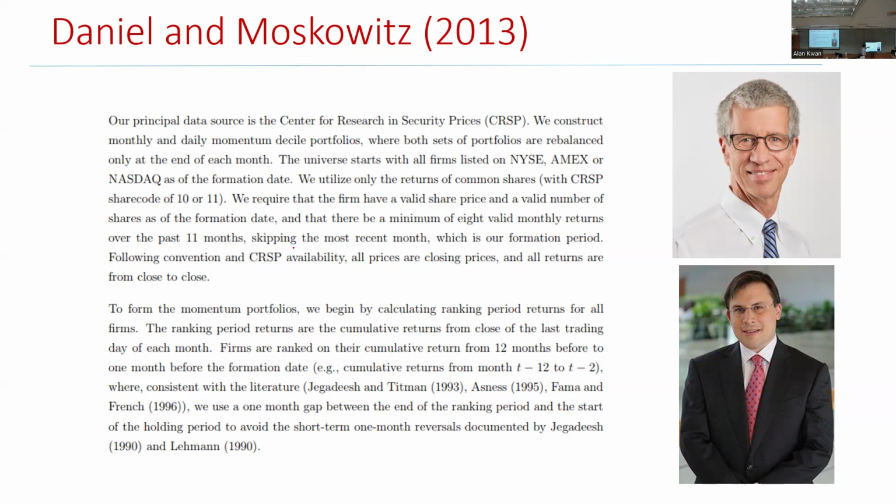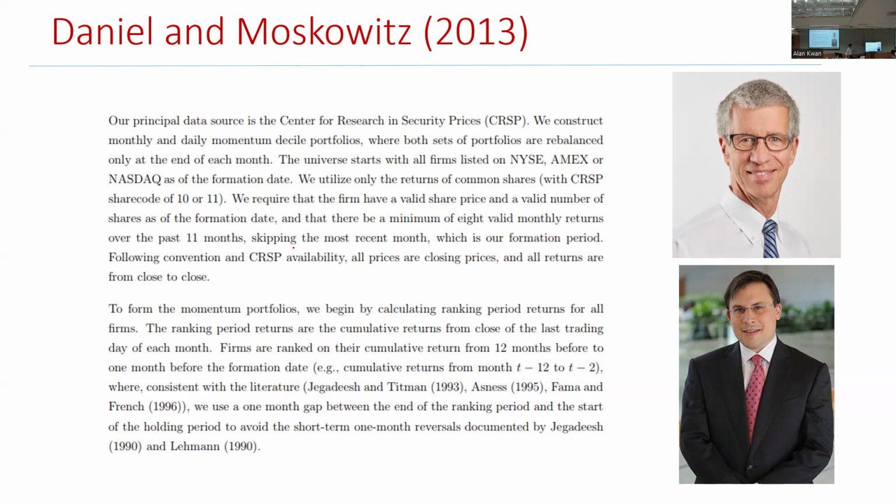To this point, they're just saying, we got the data from New York, and we're going to do this monthly thing. To form the momentum portfolios, we begin by calculating ranking period returns for all firms. The ranking period returns are cumulative returns from the close of the last trading day of each month. Firms are ranked on the cumulative return from 12 months to 1 month before the formation date, e.g. cumulative returns from month T-12 to T-2.